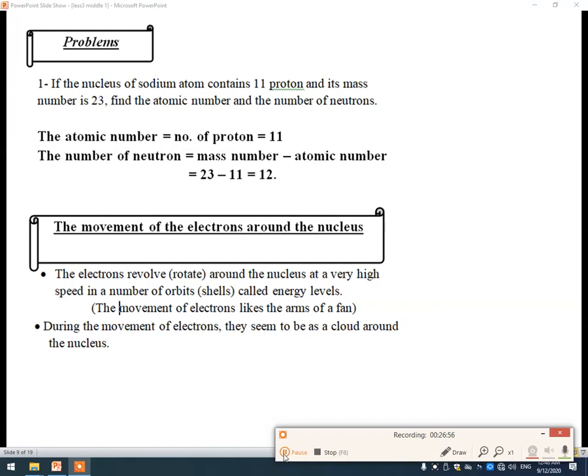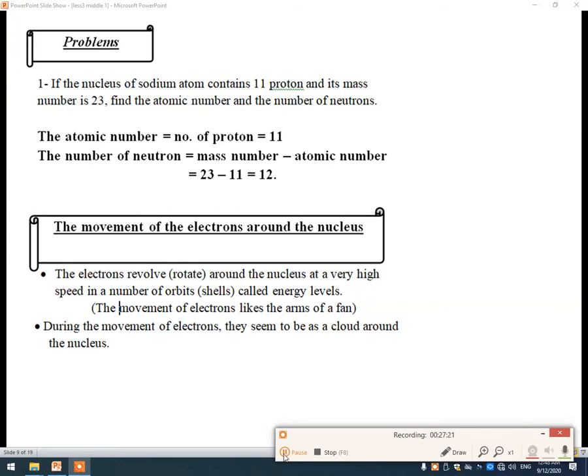These ways are called orbits or shells. These orbits or shells are called energy levels. Again, the electrons move around the nucleus in orbits called energy levels.